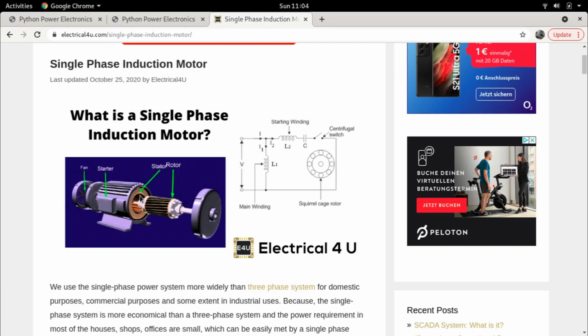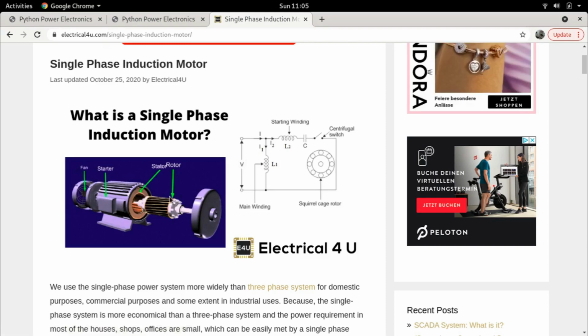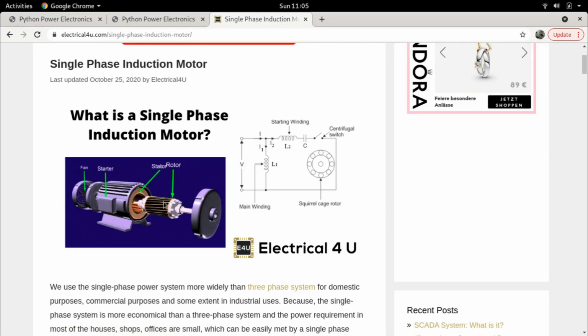Most of the magnetic field will be associated with this air gap, right? Some part of the magnetic field will leak into the air outside. If it leaks into the air outside, it doesn't do anything useful. It is leaked flux, which is useless. But the flux which remains in the air gap is the flux that associates with the rotor.